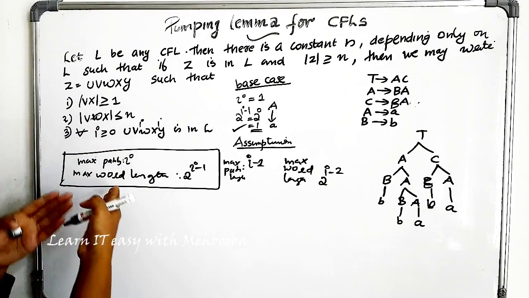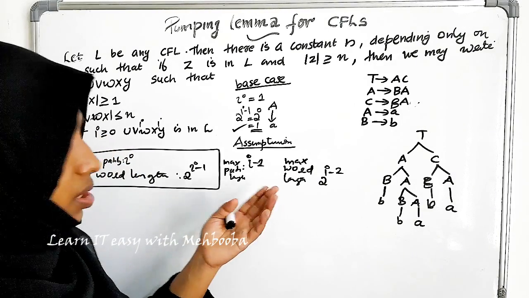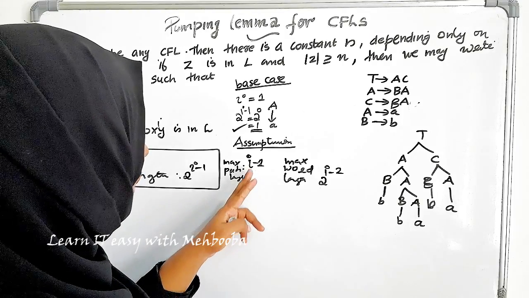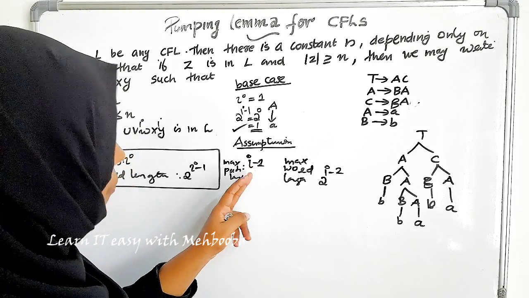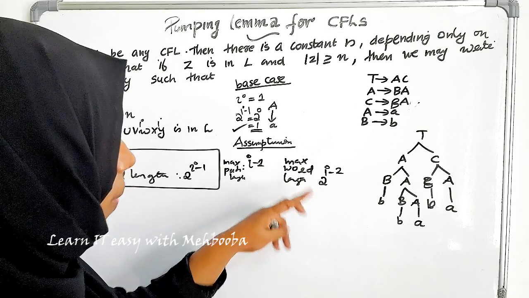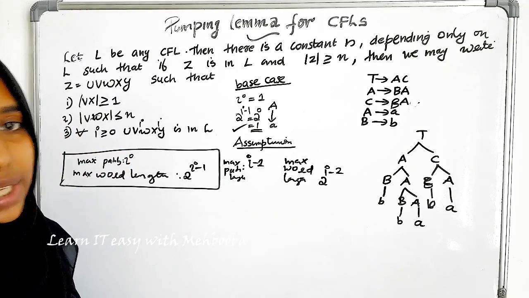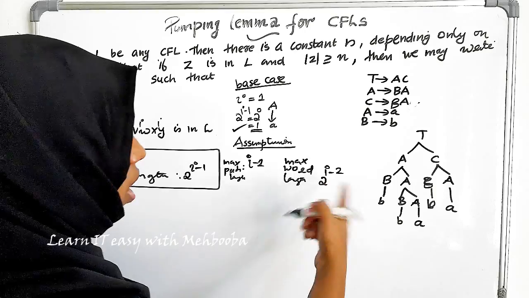So we can take that as an assumption. That is, up to the value I minus 1 of the maximum path length, the maximum word length can be 2 raised to I minus 2. So this is our assumption.